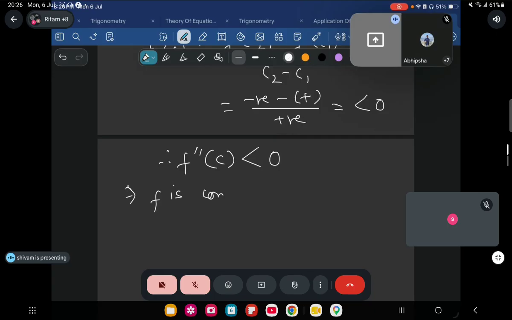Concave downwards, for some c belongs to (a, b). Next, tell me, is it clear?